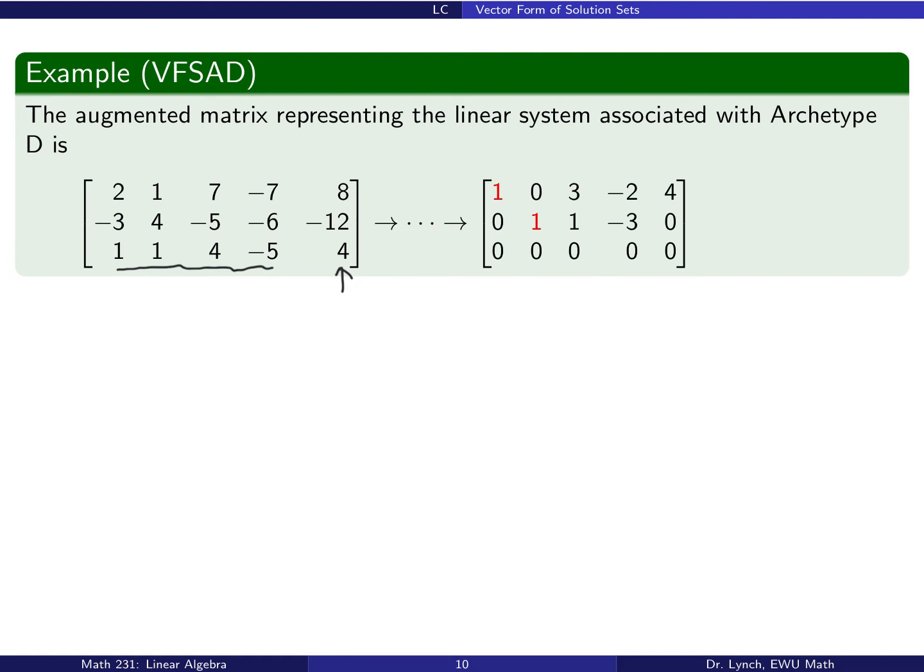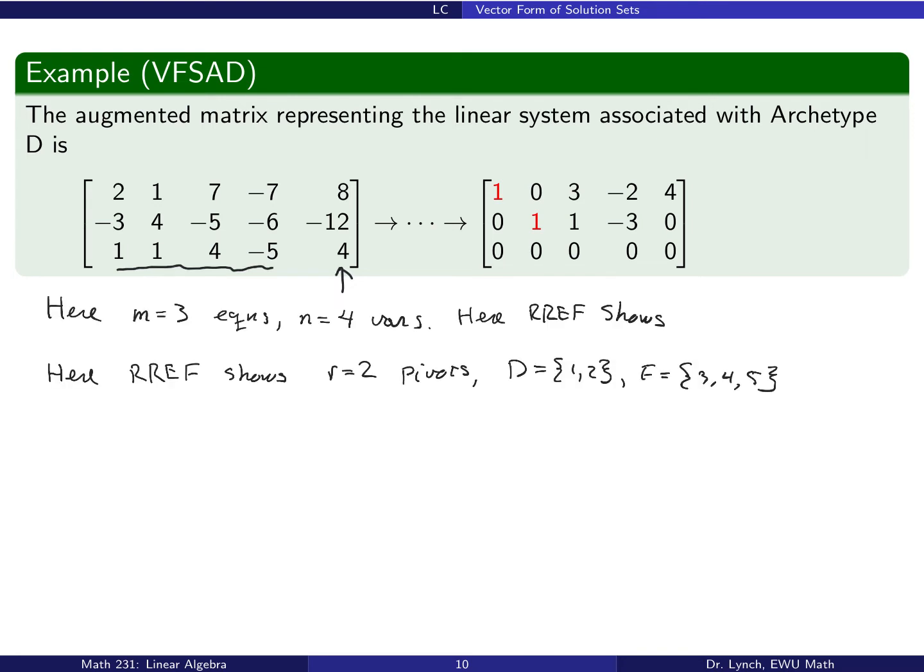We know how to solve this linear system: row reduce, row reduce, row reduce, until you arrive at a reduced row echelon form. So a few characteristics of the linear system in this case. You'll recall that this is a system with m equals 3 equations in n equals 4 variables. Here, the reduced row echelon form shows that there are 2 pivots, and we can partition the column indices into the sets D and F that indicate the dependent and free variables, respectively.